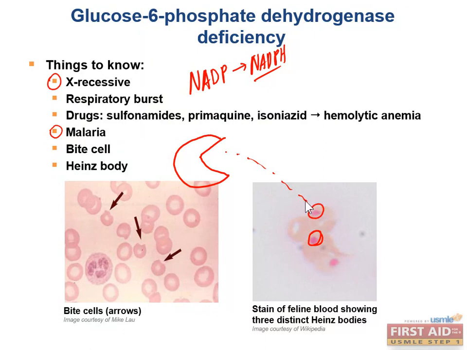So phagocytes are going to recognize these Heinz bodies inside the red blood cell. They're going to bite off pieces of that cell trying to get to these Heinz body accumulations. Now, if you see Heinz body or bite cell on test day, you need to immediately think, is this G6PD, and is it possibly an NADPH deficiency?